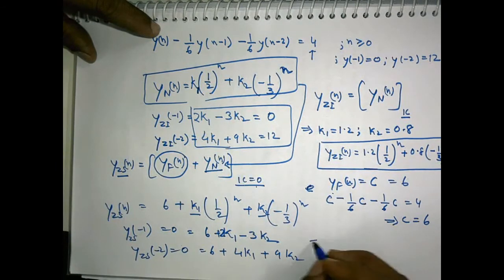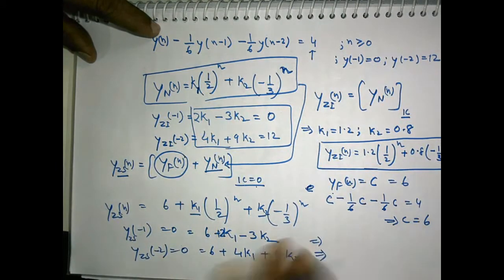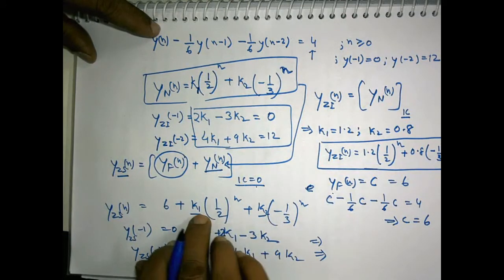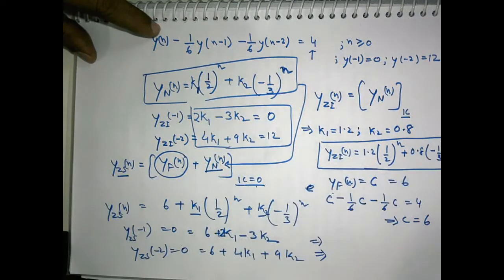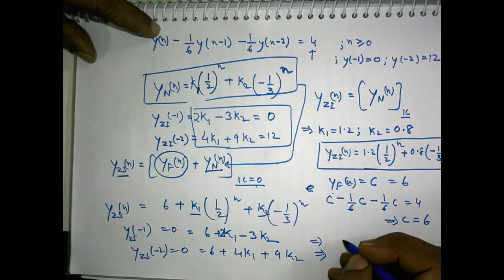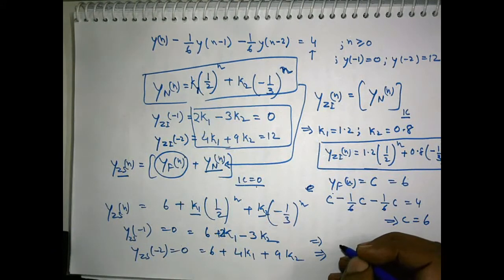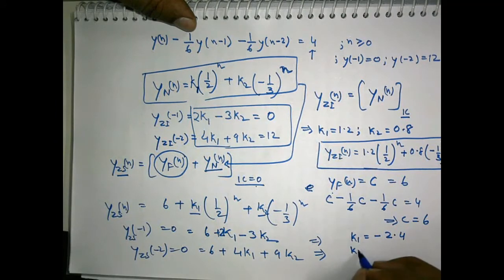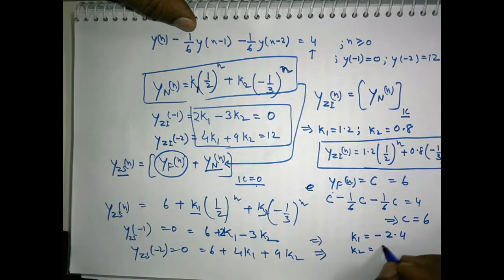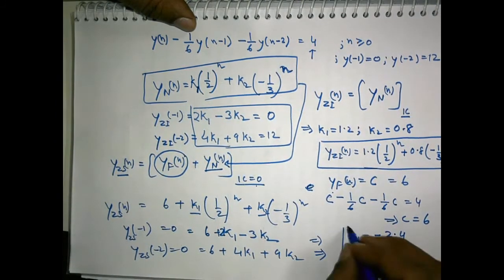So this will also result into some other value of K1 and K2. We will substitute that value in this equation, and then we will add these two equations to obtain the final solution. K1 is obtained as minus 2.4. You go for this exercise and verify whether it is what I am writing or something else.